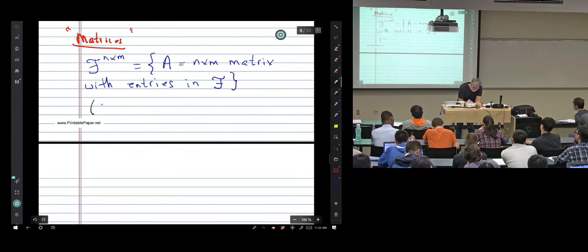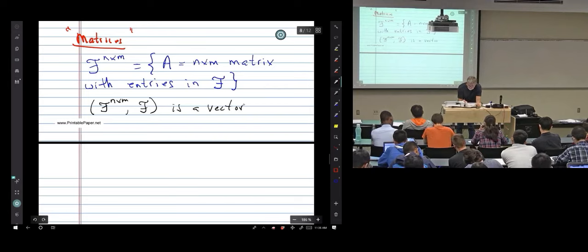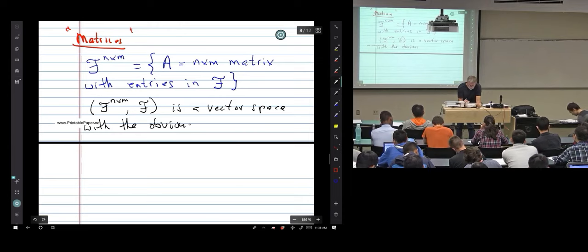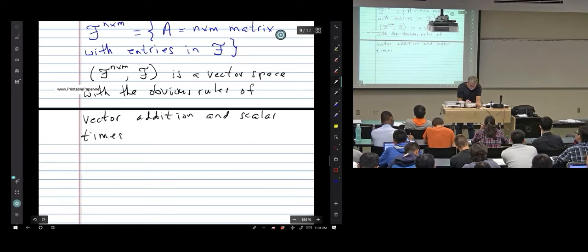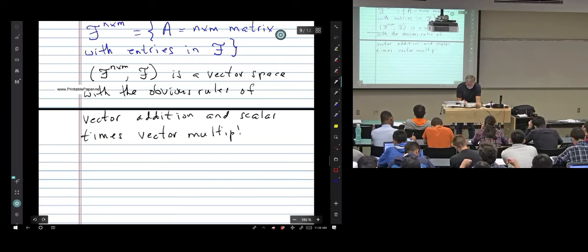So F^(n×m) over F is a vector space with the obvious rules of vector addition and scalar times vector multiplication.